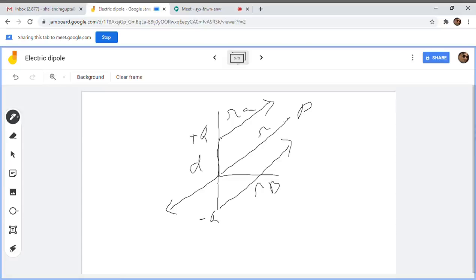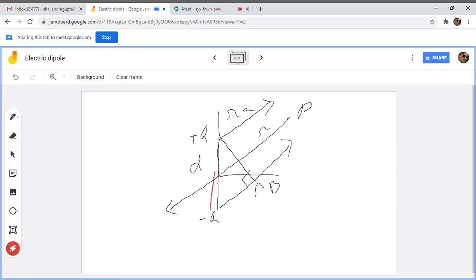Okay. So if you drop a perpendicular over here, then from here these two lines are equal. So RA minus RB is this part. RA minus RB is this section.